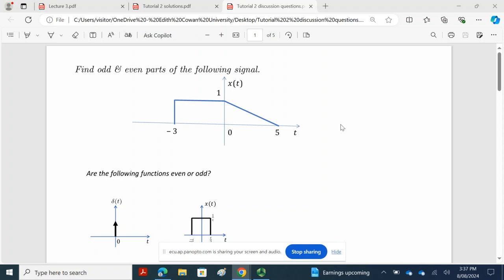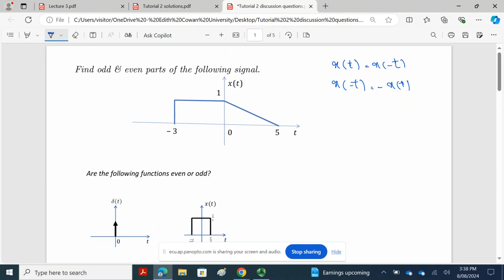The other point we talked about was that for even signals, x(t) is equal to x(-t), while for odd signals, x(-t) is minus x(t). So that was another point we talked about for odd and even signals.